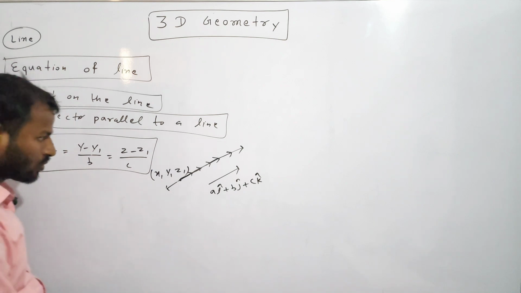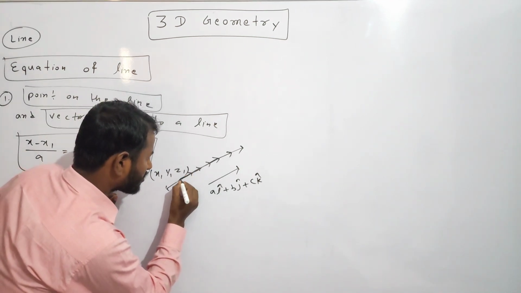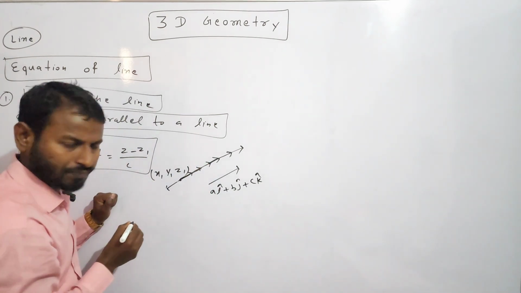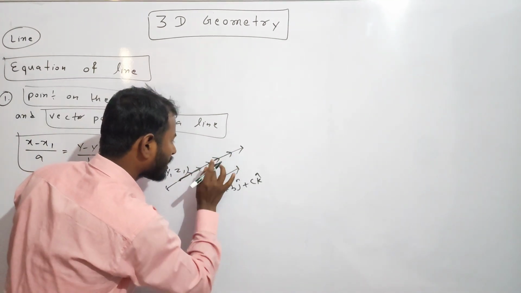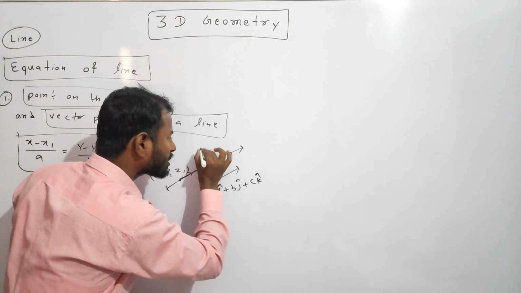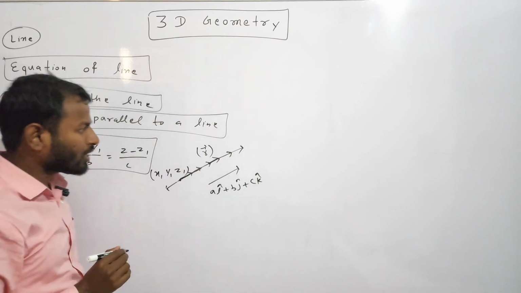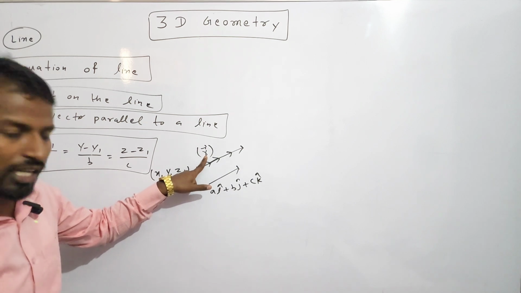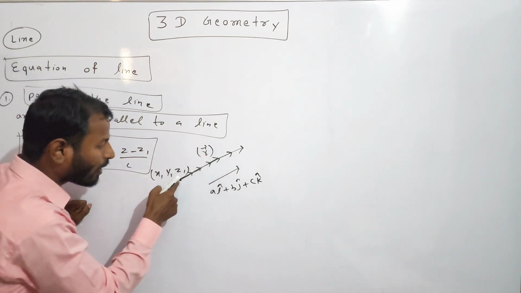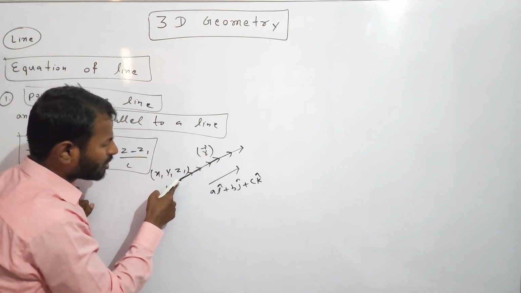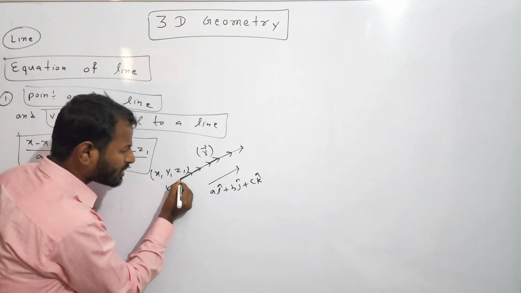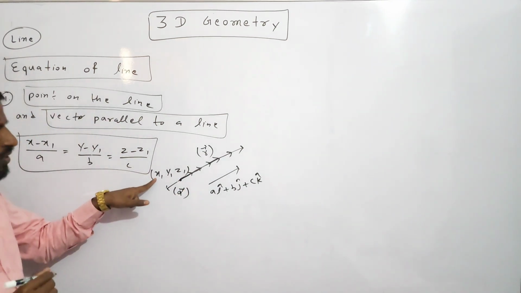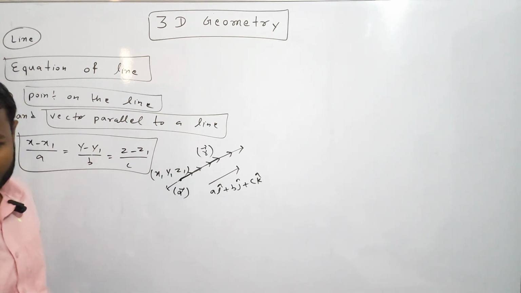So we can take any point, but let's say we take this point. We assume the position vector of this point is vector r, which is variable. And this point is already given, so its position vector is vector A, that is x1 i cap, y1 j cap, z1 k cap.